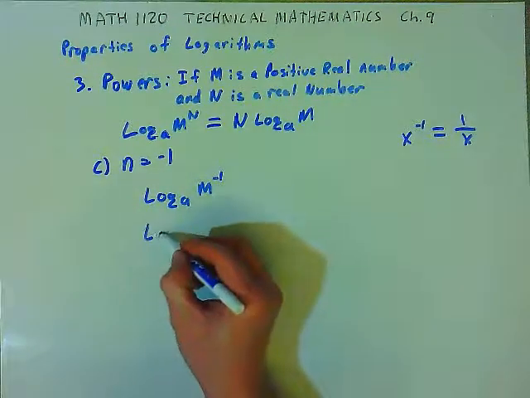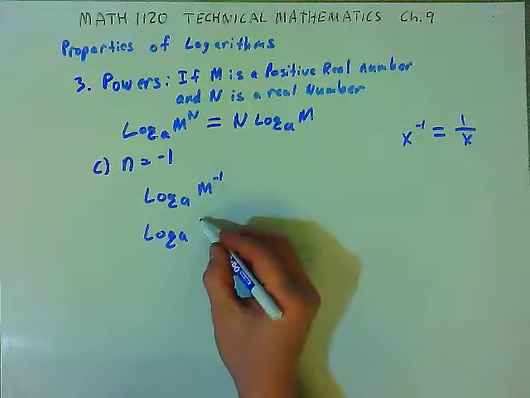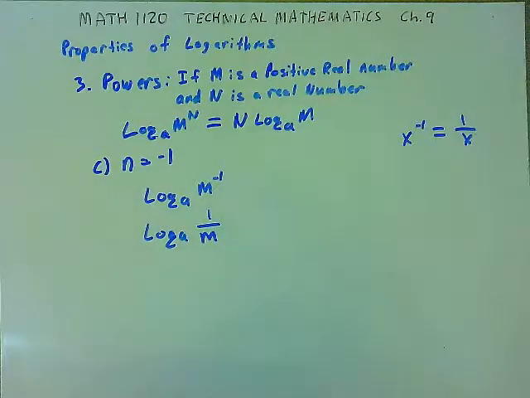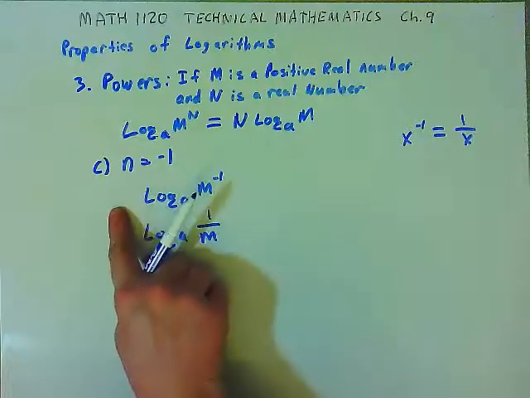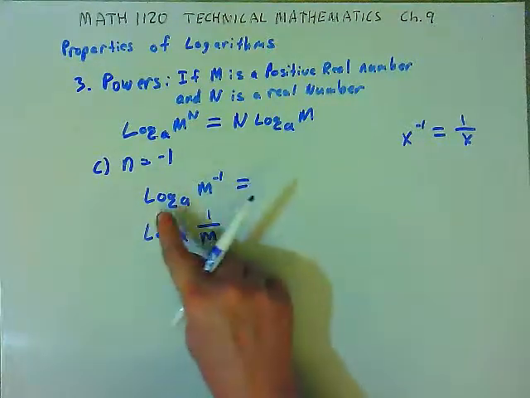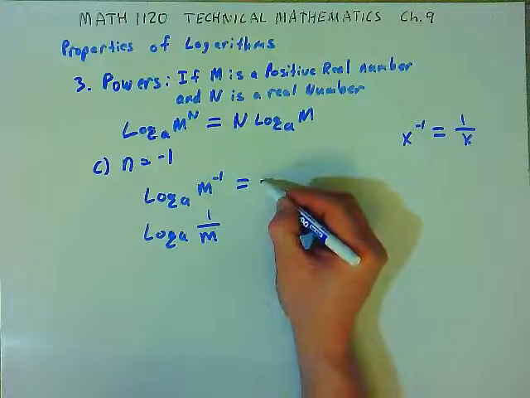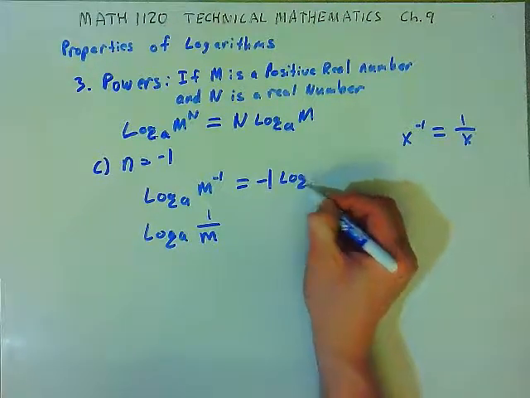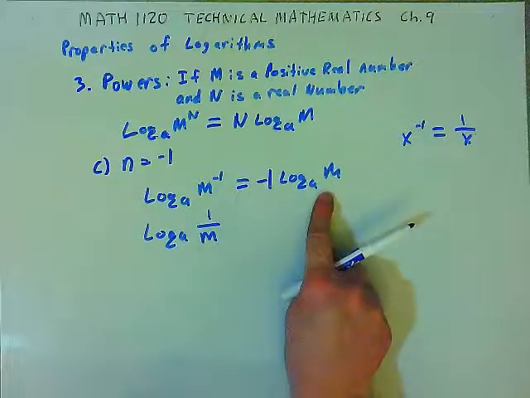And so the log base a of m to the negative first is the same thing as log base a of 1 over m. And we already know from the power rule that the exponent can come out to the front. So for log base a of m to the negative first power, that is going to be the same as negative 1 times the logarithm base a of m, because the exponent just comes out to the front to be a multiplier.